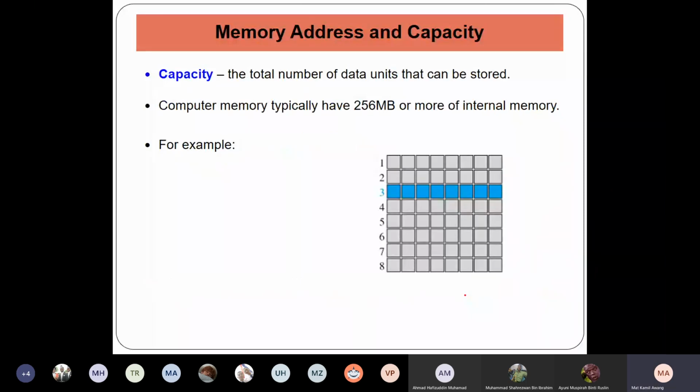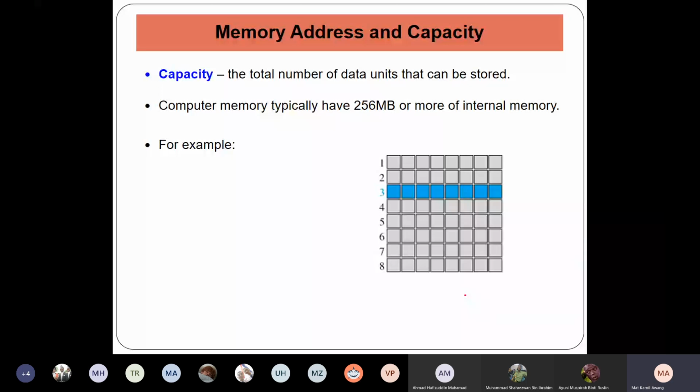Memory and storage also have a capacity. Capacity is basically the total number of data units that can be stored. For example, in your hard disk, you have 1 terabyte. What does it mean, 1 terabyte? Basically that in that particular hard disk, you can store data of 1 terabyte.